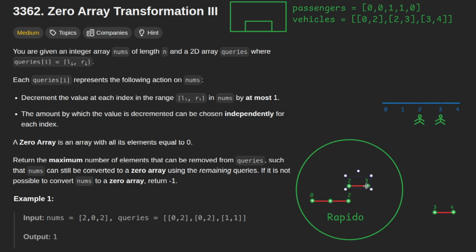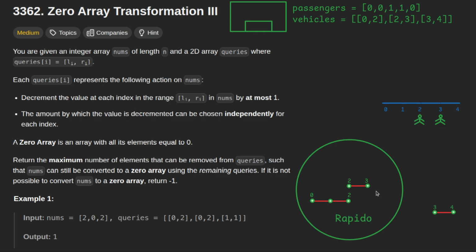So among these two, whom will it choose? It's the work of Rapido to choose the one which has the maximum end, which is going from sector 2 to the maximum sector it can go.